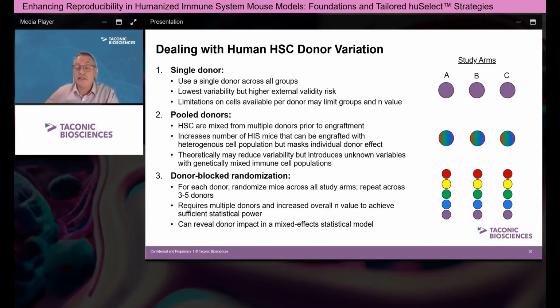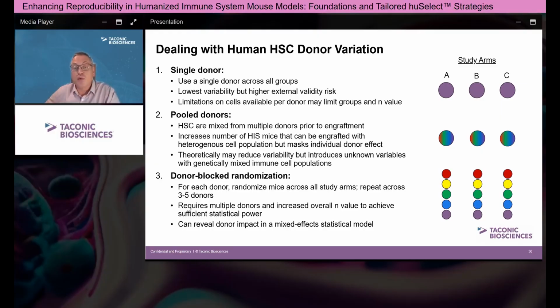Finally, and this is typically my overall recommendation, is to use a donor-blocked randomization design, in which case for each donor, you would typically choose anywhere from 3 to 5, perhaps more, mice and randomize them across each study arm.